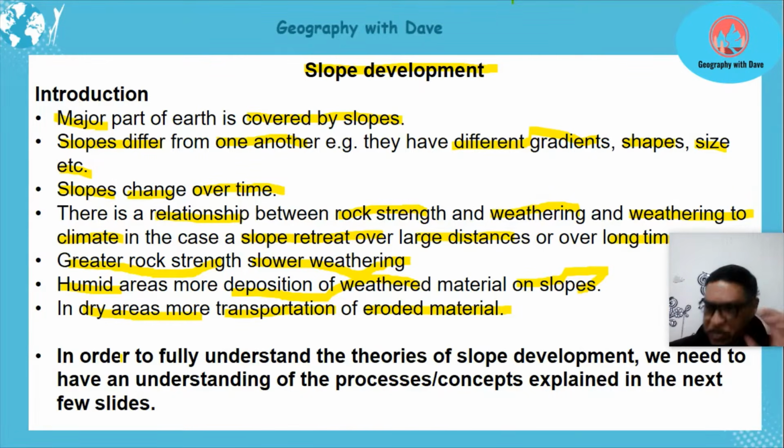Before we do anything, suddenly I'll be talking and say, whoa, there's scree, there's denudation happening on the slope. Therefore, this and this will result. And you say, yes, but do you know what these concepts are? You need to know.